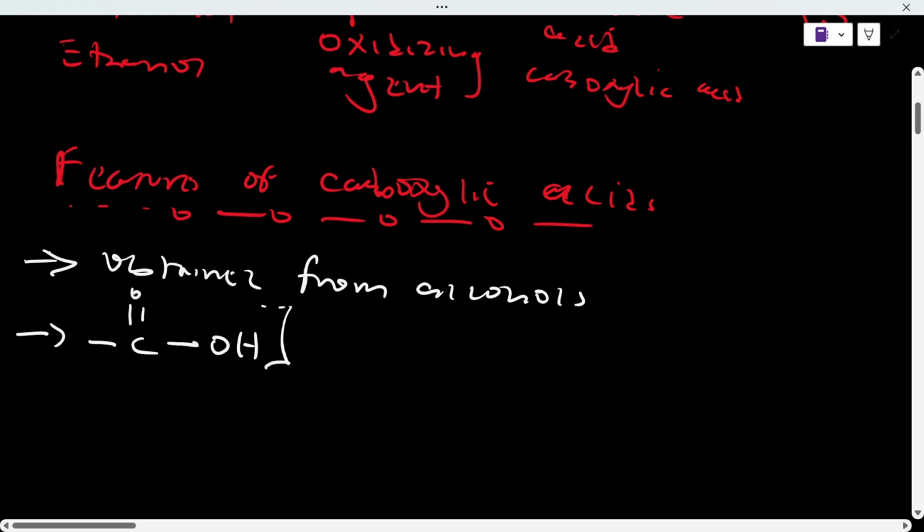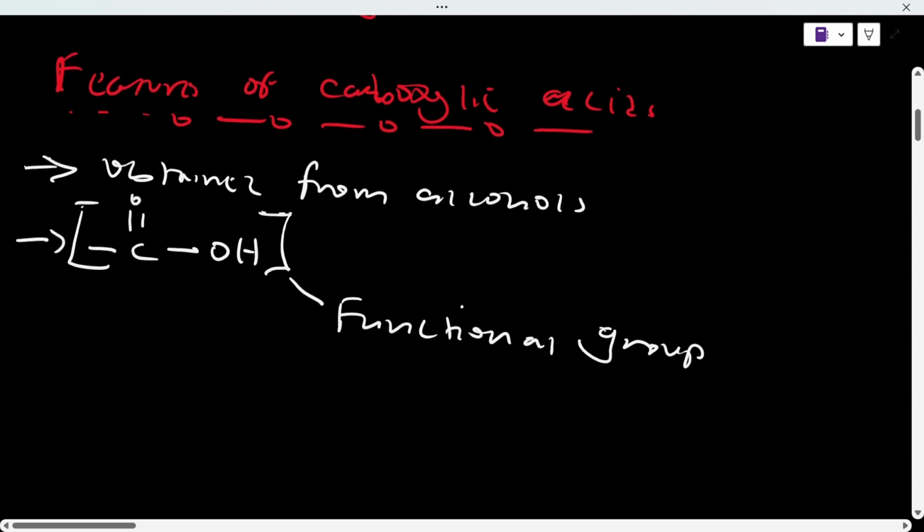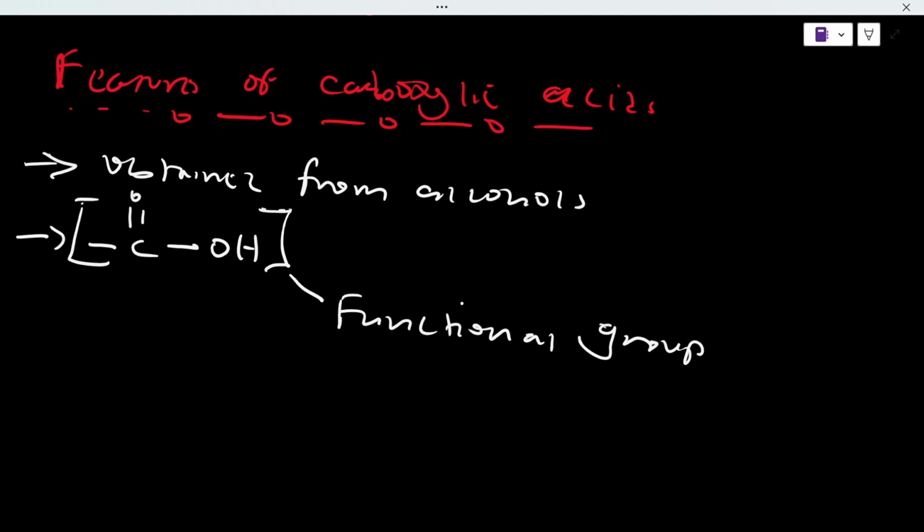This is the functional group that they have, the main functional group. Meaning it is that part which exhibits the chemical properties of carboxylic acids.